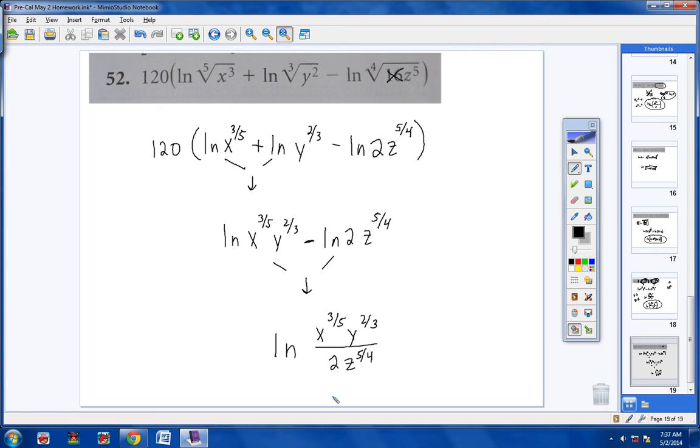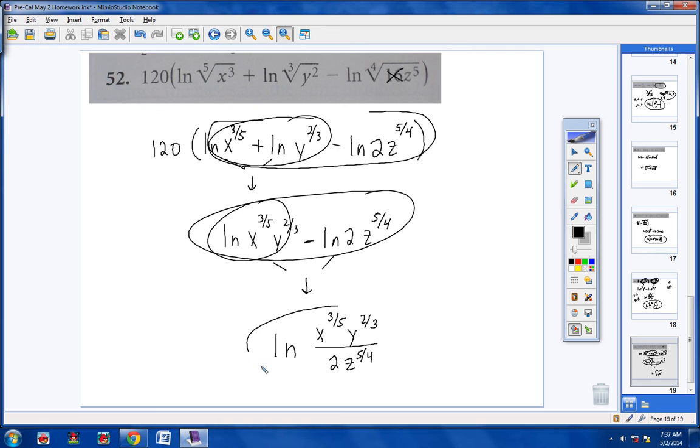Okay, let me get a drink here real quick. And there we go. Now I've taken the first two, simplified them down to this, then I took these two and simplified them down to this right here. So what I'm going to do now is take my eraser and erase all of this.